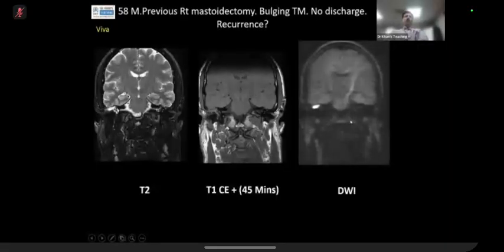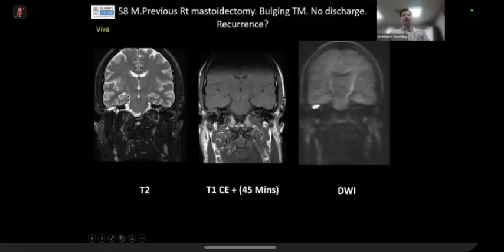So people developed this protocol. In a post-op temporal bone, three types of things can be visible. One is granulation tissue. Second thing is fluid. And the third thing is recurrent cholesteatoma.